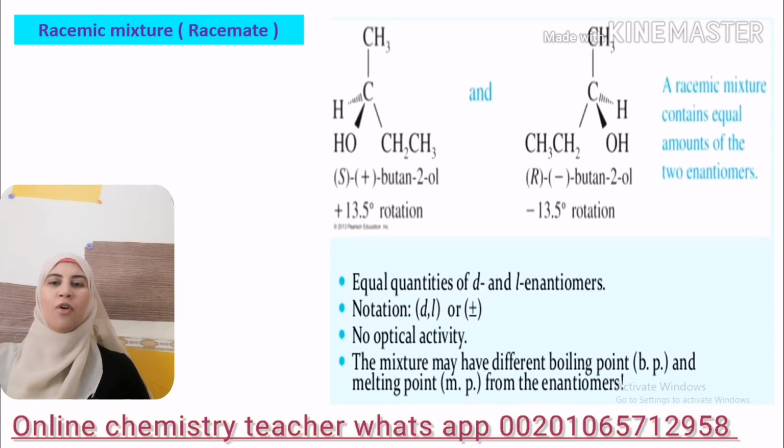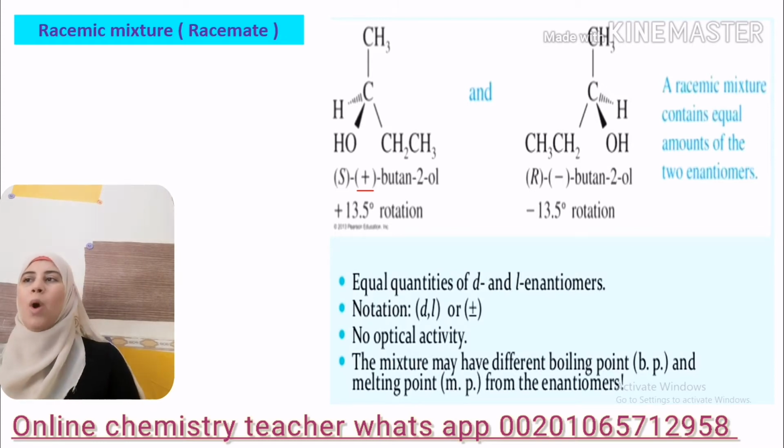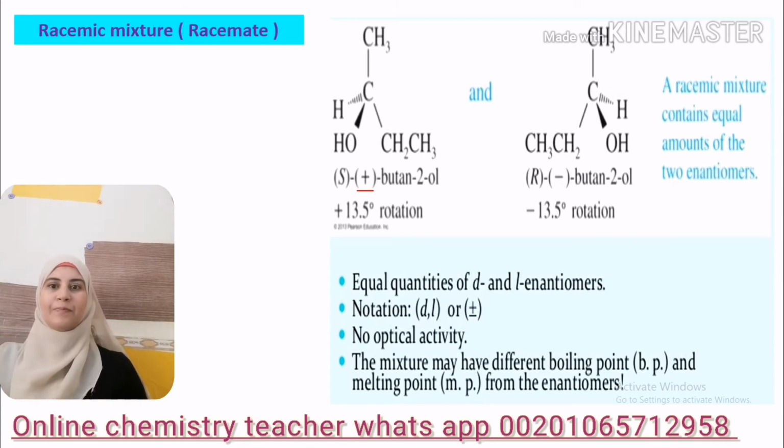So the racemic mixture is a mixture of two mirror images. The first one is dextrorotatory, which rotates the plane of the polarized light to the right by 13.5 degrees. The other one is levorotatory, which can rotate the polarized light to the left.